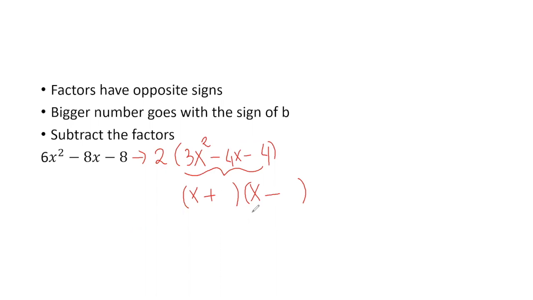Next, I need to figure out the numbers that go into these parentheses. So I will have to rewrite the problem with a coefficient of 1. If I want to rewrite this problem with the coefficient of 1, I will kick the number 3 to the back. That means I will take 3 times 4 to rewrite the problem.